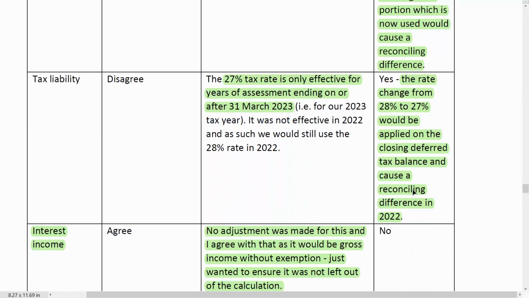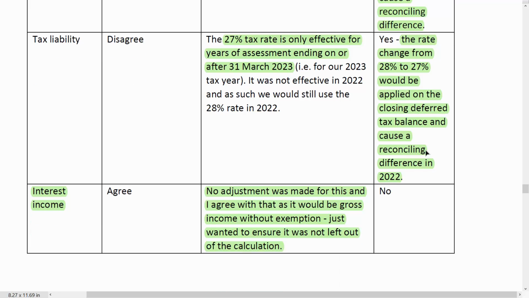Penultimately, the candidate identifies that the incorrect tax rate was used at 27%, which should have been 28%, and highlights the impact on the tax rate recon, that the change from 28% to 27% would have an impact on the tax rate recon.